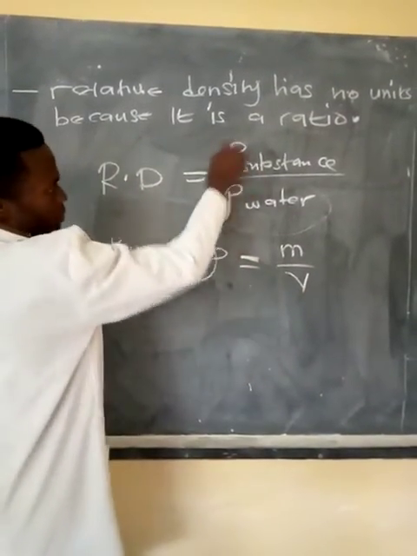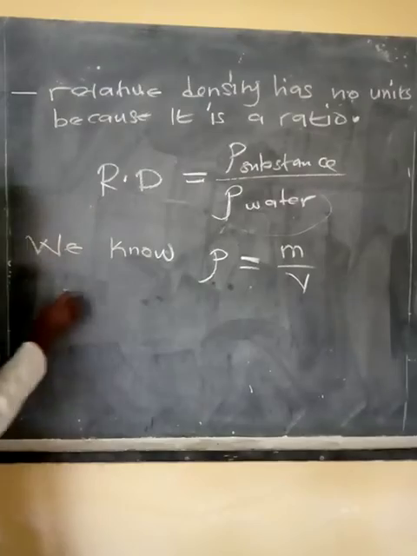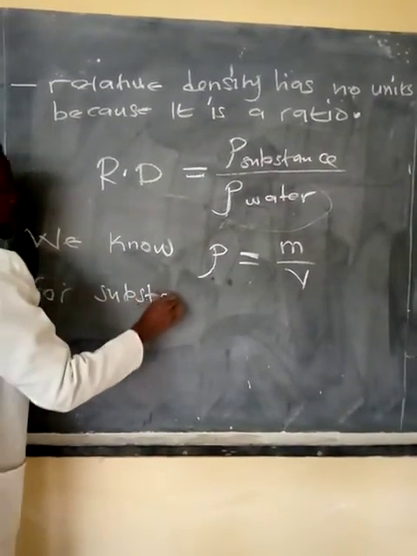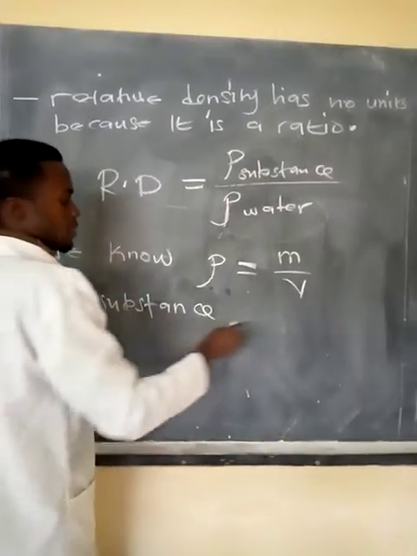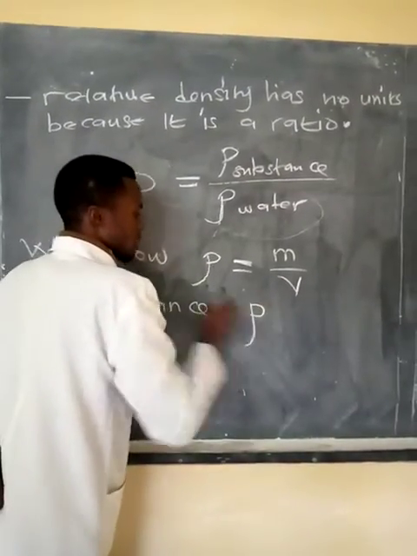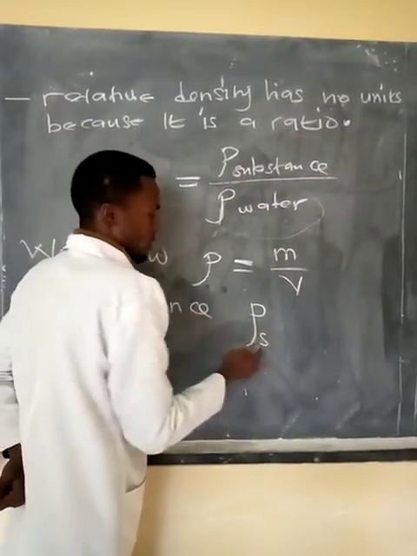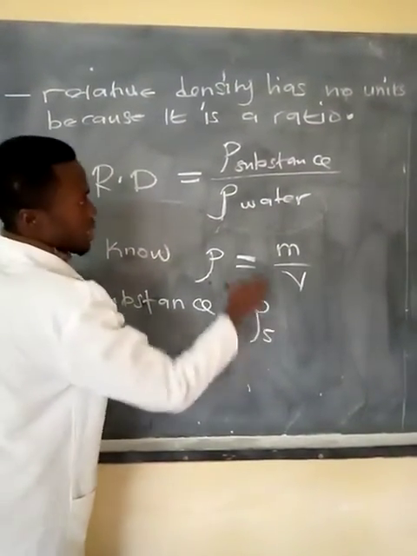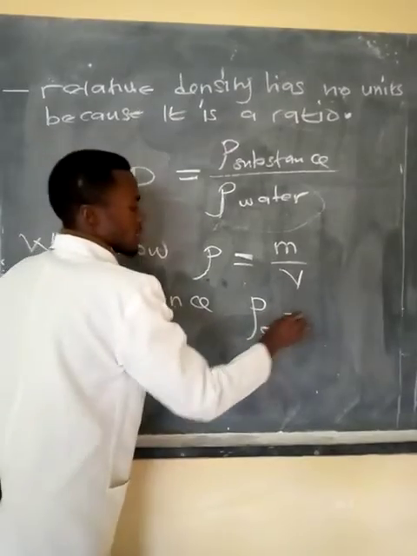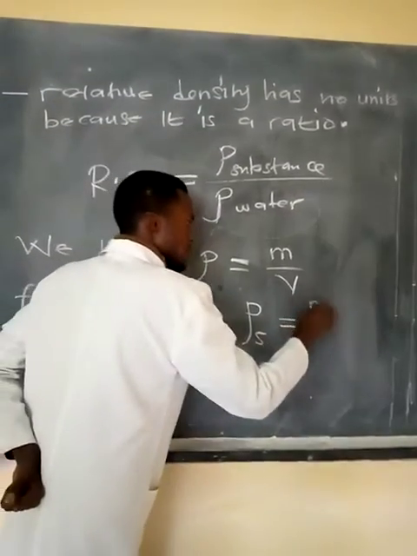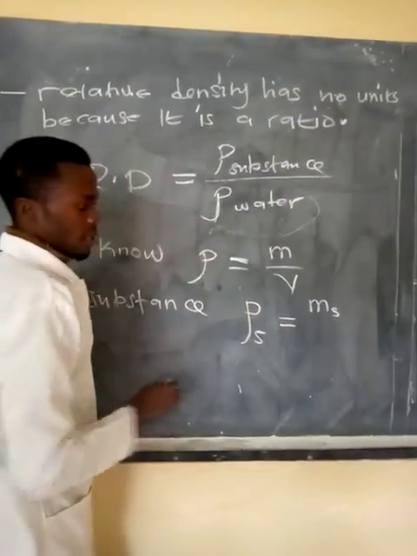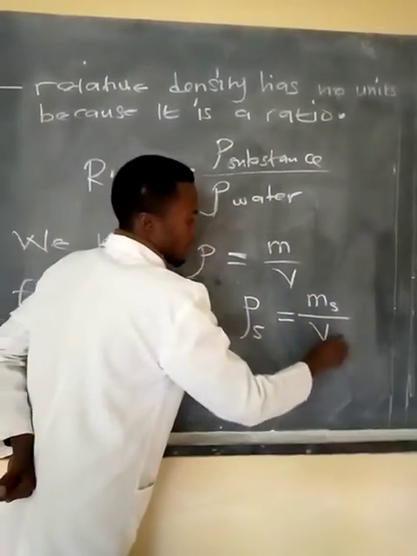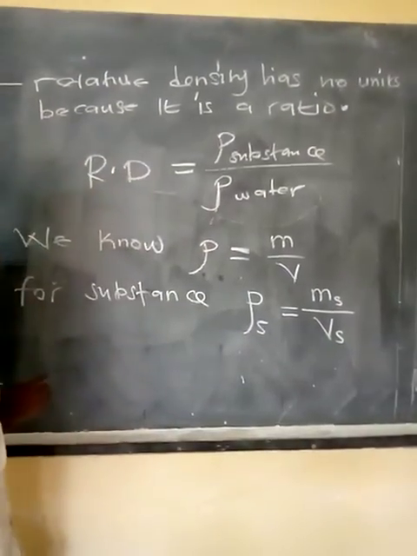Now let's take the substance. We say density of a substance, so I use S to symbolize substance, is equal to the mass of a substance over the volume of a substance.